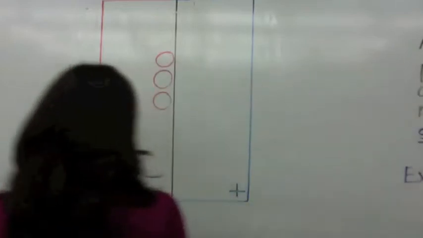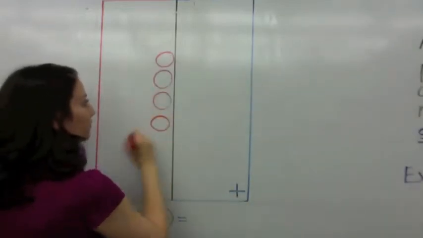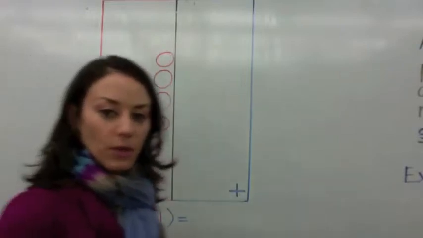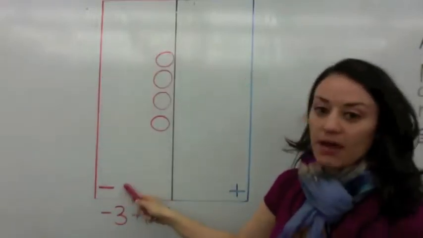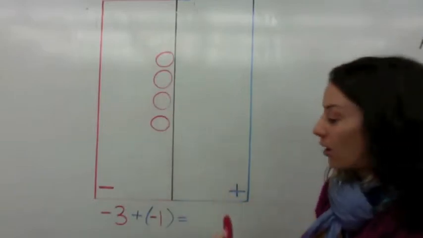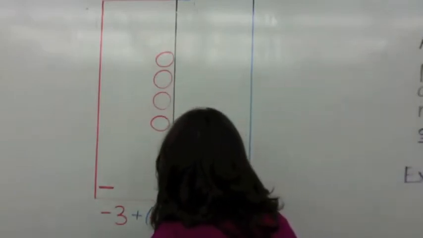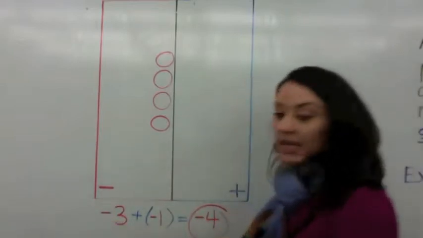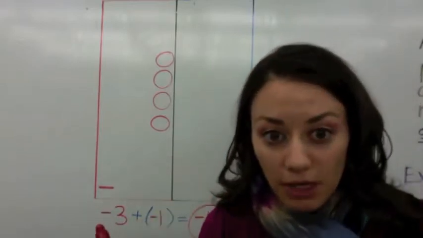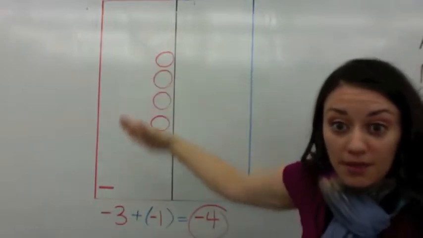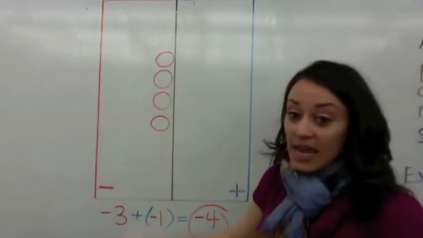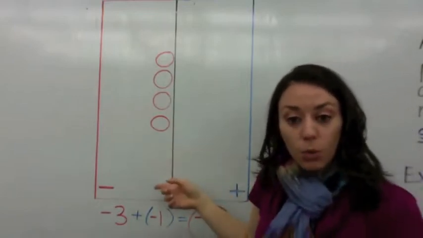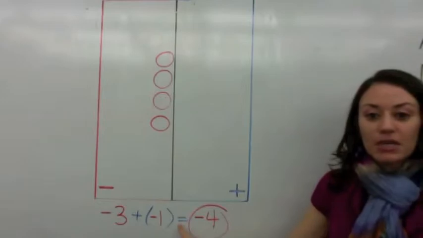So what is the answer? How many negative circles do we have now? We have 1, 2, 3, 4. So here the answer is -4. This is because -3 and -1 are the same sign. They're both negative, they're both on the negative side. So we say same signs, add and keep. We added 3 plus 1, and then we kept the negative because they're both negative.